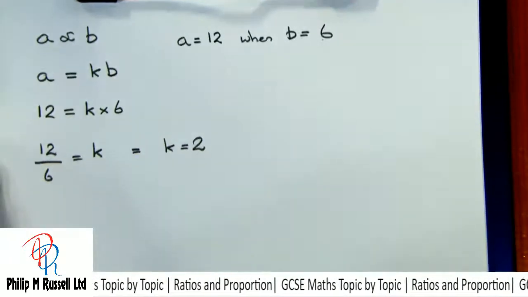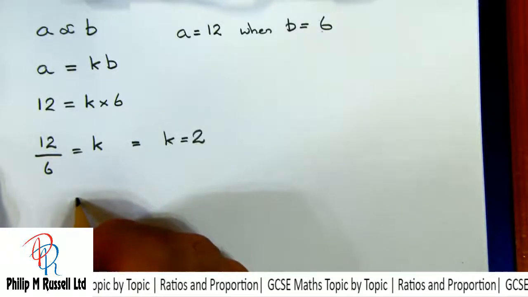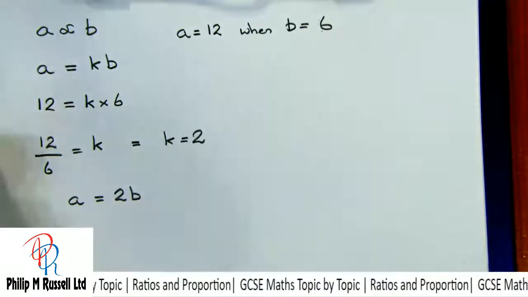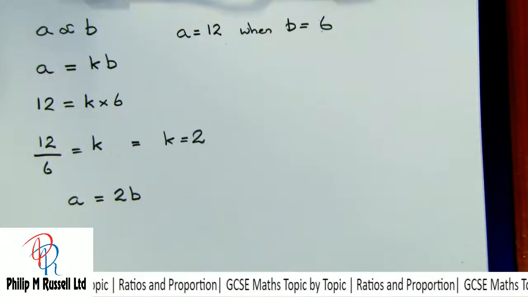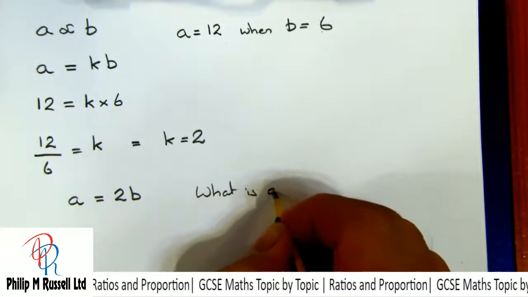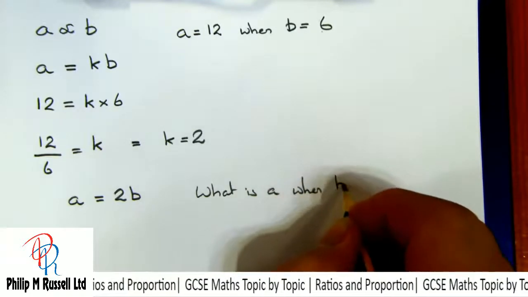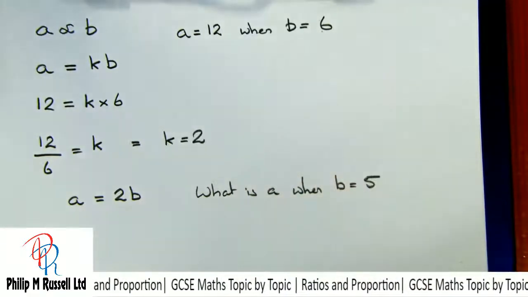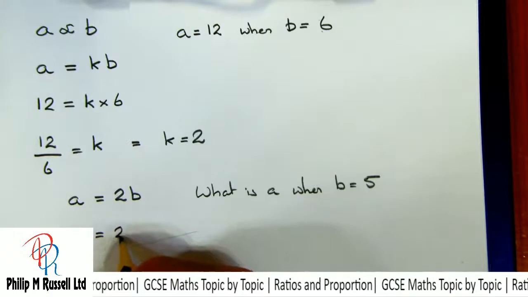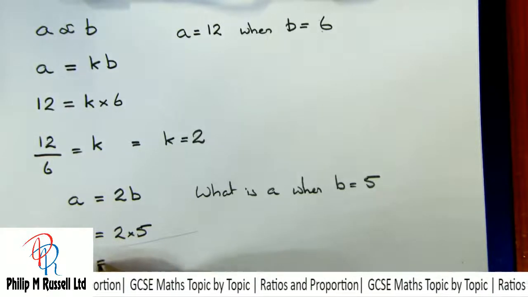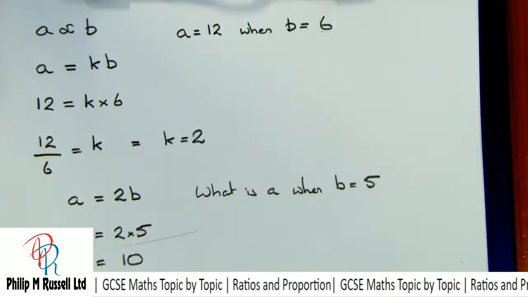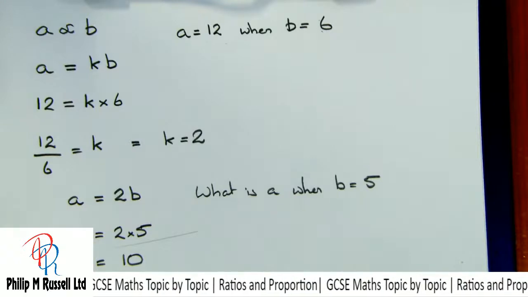Let's rewrite that equation: A equals 2B. And then we might be asked to work out what A is when B equals 5. We can substitute in that A is going to equal 2 times 5, so A will equal 10. This is direct proportion.